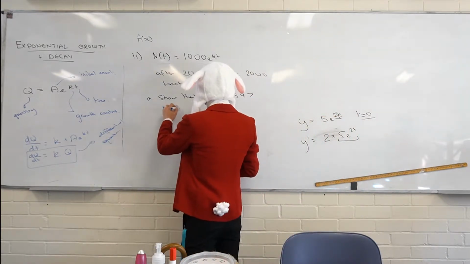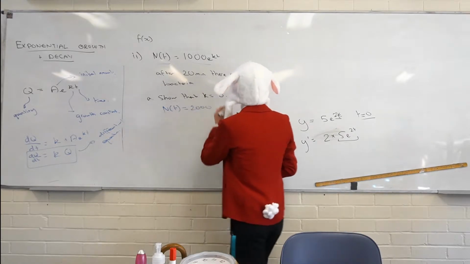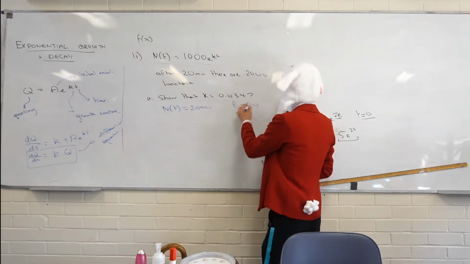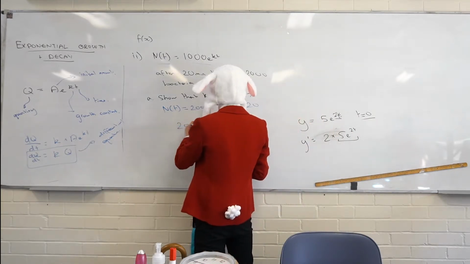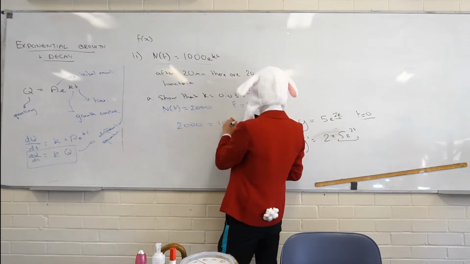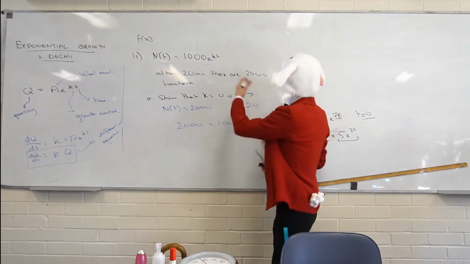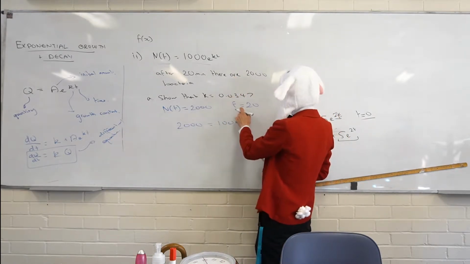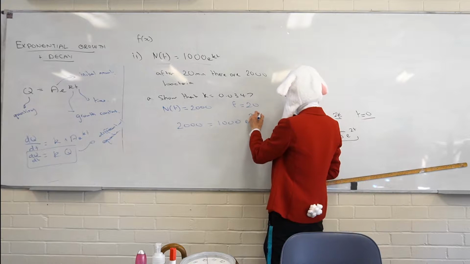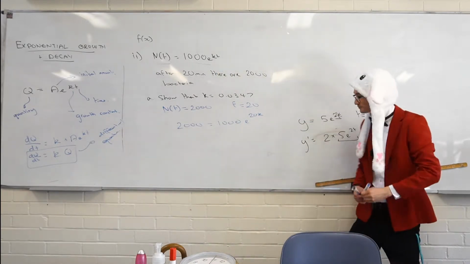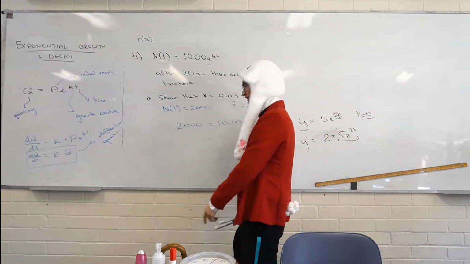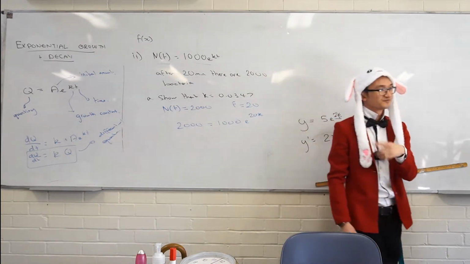N of t is 2,000, but t is 20. So we put that all in and we get 2,000 is equal to 1,000 e to the kt. Well, if I know that t is 20, I can just rewrite that as 20k. I'm just substituting t as 20, then multiplying together.